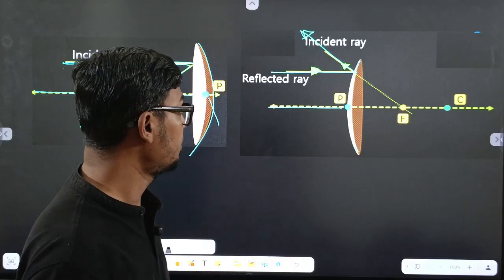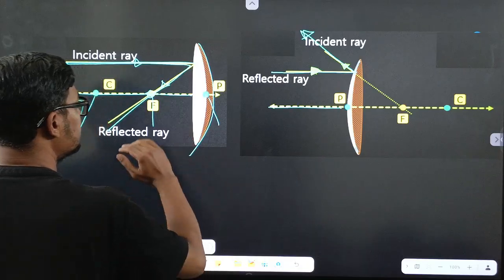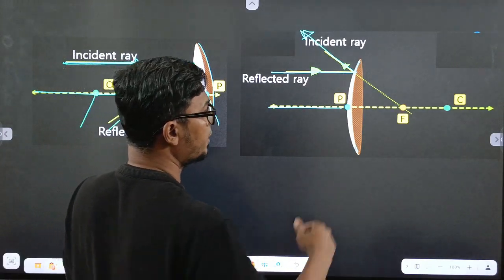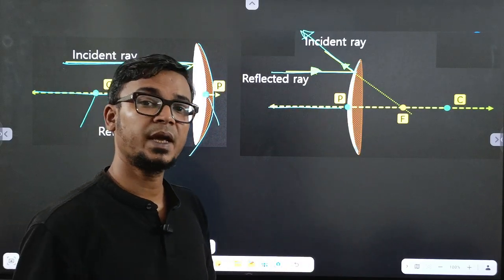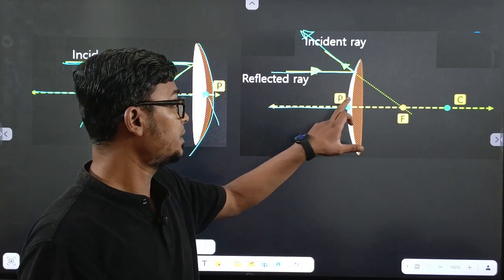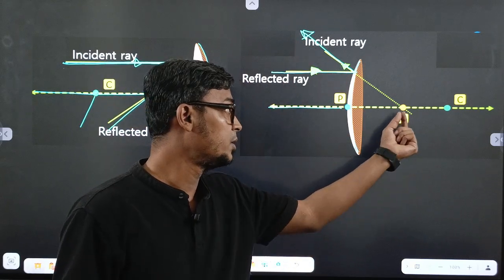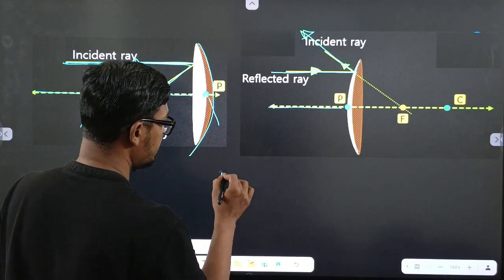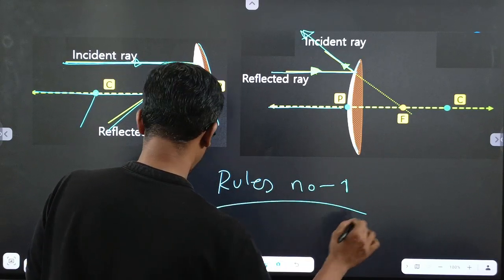Okay, so for the concave mirror, this will be the reflecting ray, and for the convex mirror, this will be the reflecting ray. For this situation, the reflecting ray seems to come from the focal point. This is rule number 1.